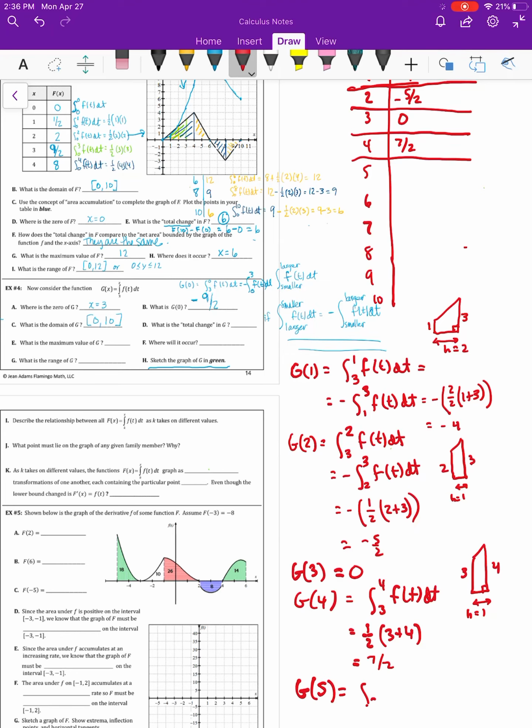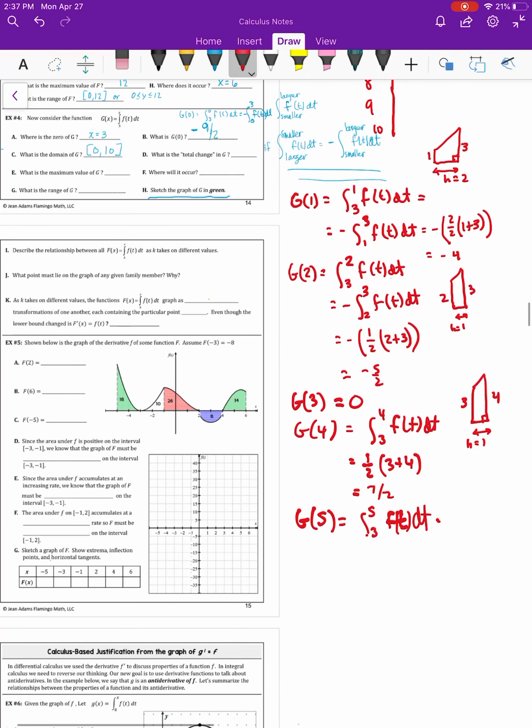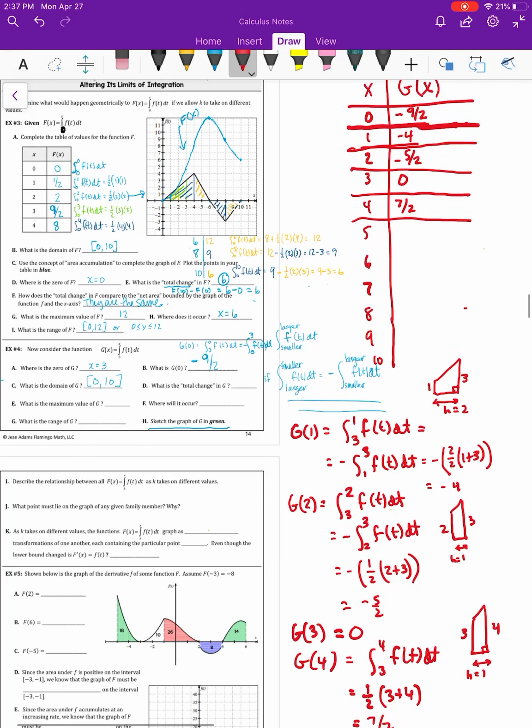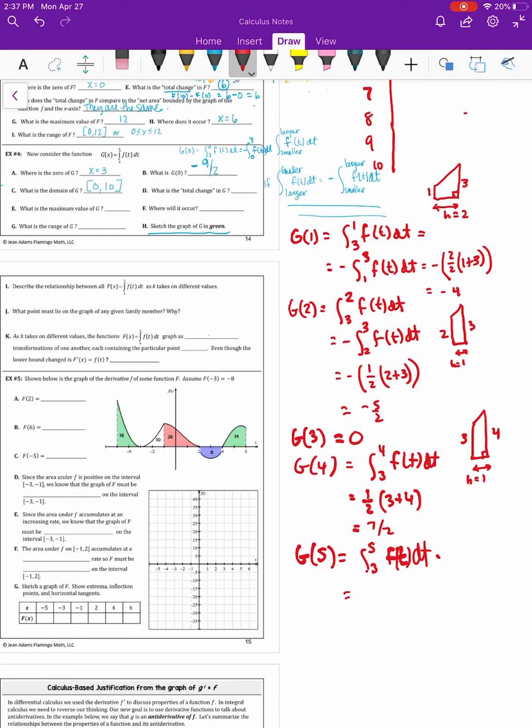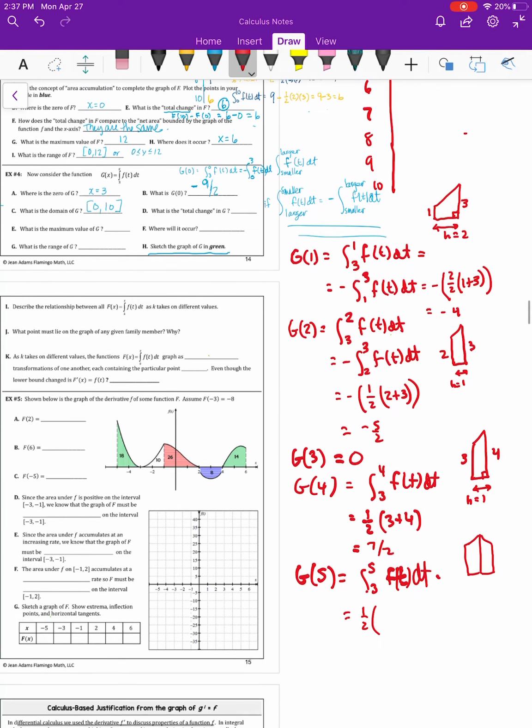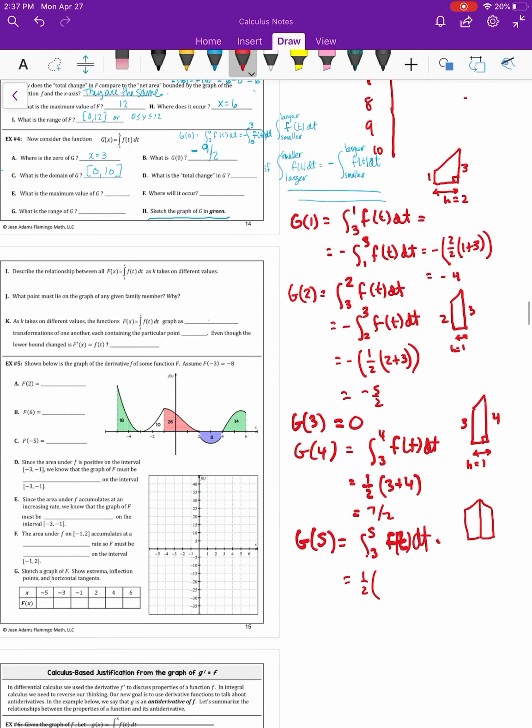Our g of 5 is going to be the integral from 3 to 5, f of t dt. And so from 3 to 5, you have two different trapezoids. You've got a trapezoid here, and then you've got a trapezoid here. So we would have to add up those trapezoids. Each one has a height of 1, and the one from 3 to 4, we said was 1/2 times 3 plus 4, because that was this one.